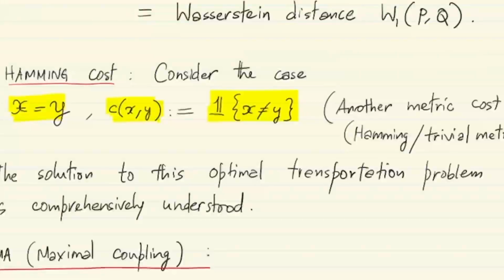So each time you transport any amount of material from a site x to a site y which is not x, you end up paying a transportation cost of 1 per unit material. This is in fact another metric cost. The indicator x not equal to y is what is called the trivial metric over the space X, or the Hamming metric.